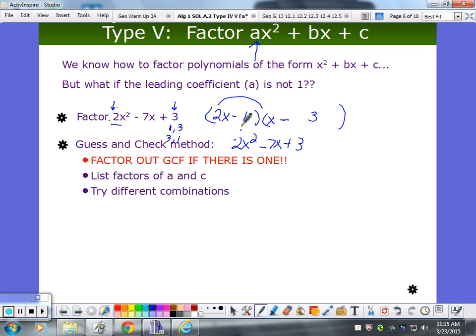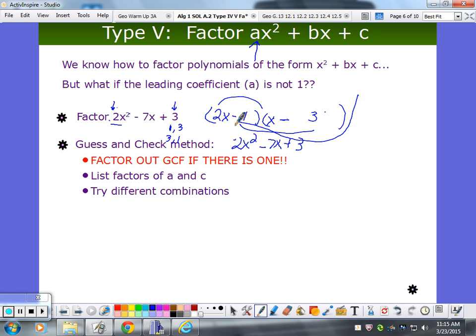First. My last, luckily, is a prime number. And since this is negative, they're both negatives to give me a positive. So a 1 and a 3, but which way do they go? When I tried the 3 here and the 1 here, when I multiplied back, it didn't work. So now I'm putting the 1 here and the 3 here, and multiplying back. And it worked.